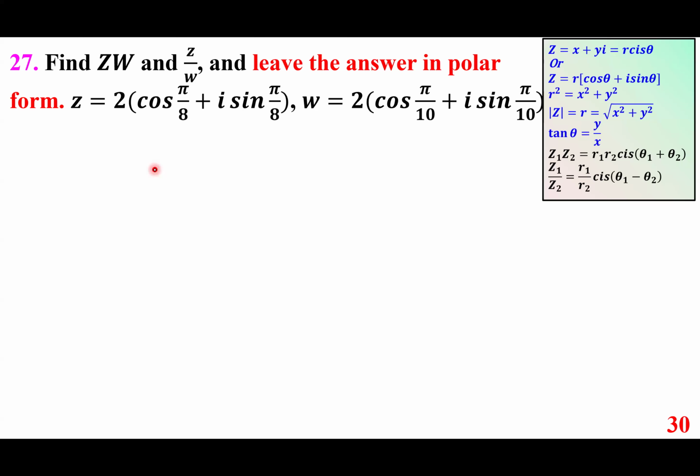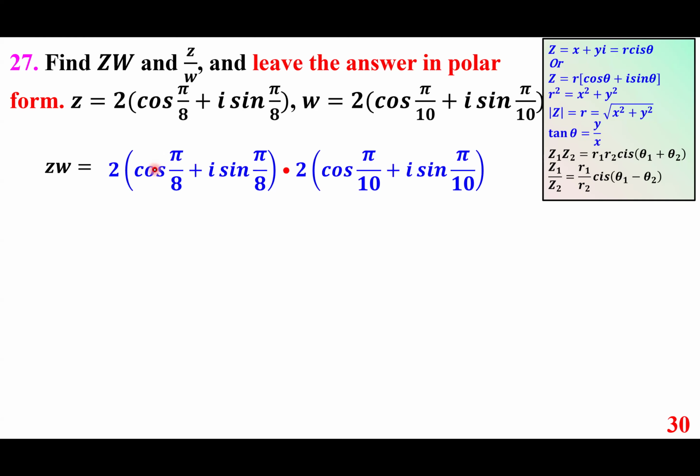Therefore, if I want to multiply these two, I'm going to multiply their magnitudes, their moduli, and then I'm going to add up their arguments. So pi over 8 and pi over 10.